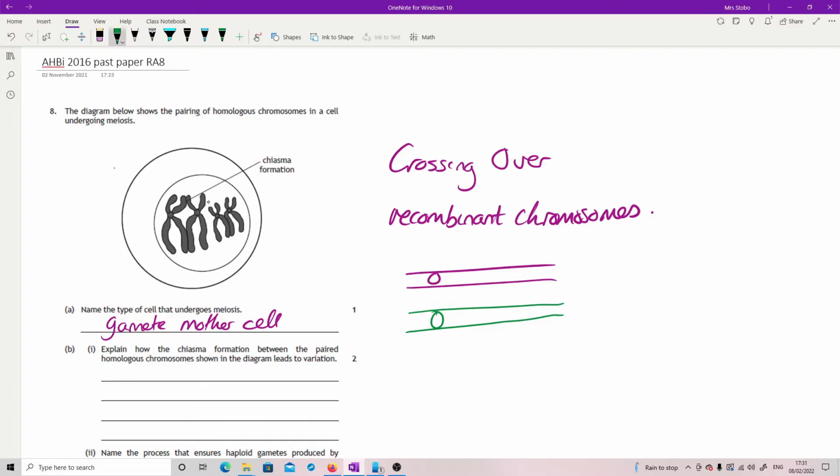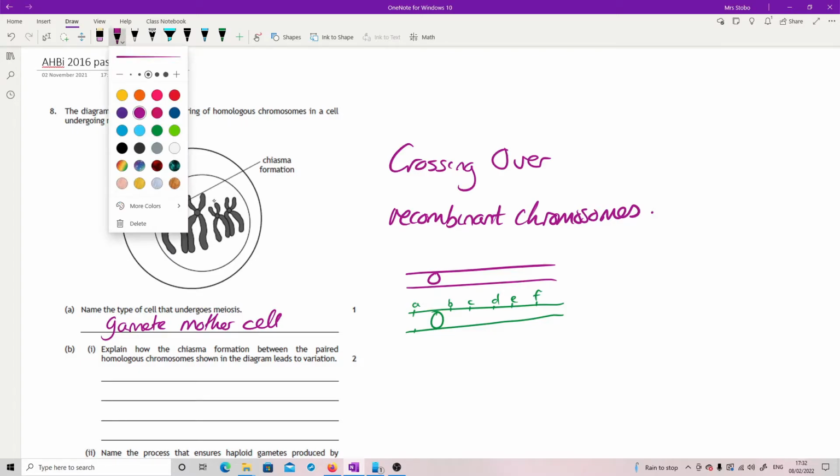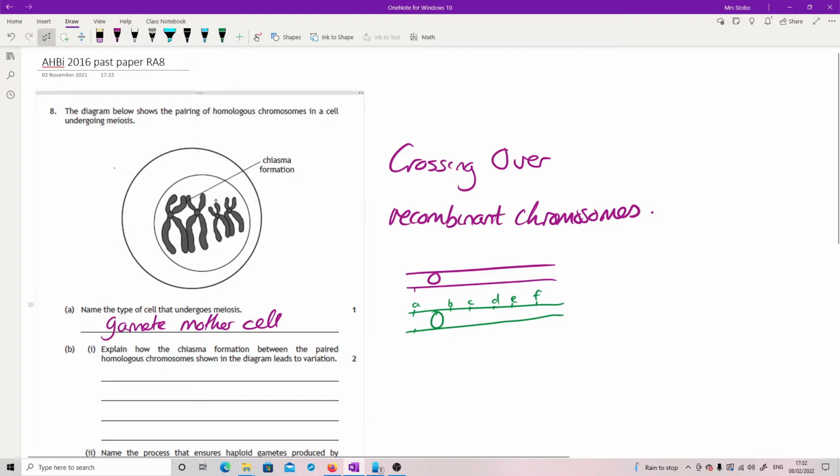So let's say on this one, just for ease, this has all little ones, little e all the way down to little f, and then on the other one we have the big E's, big B, and obviously these are on both sides of the chromosome, because the chromosome is actually two sister chromatids, exact copies of each other.